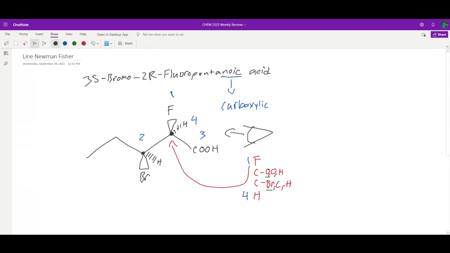So we are going to go counterclockwise. Just to refresh everyone, clockwise is R and counterclockwise is S. And at the end of this, I'll talk about certain things you might want to write down, like a one-page reminder of everything.